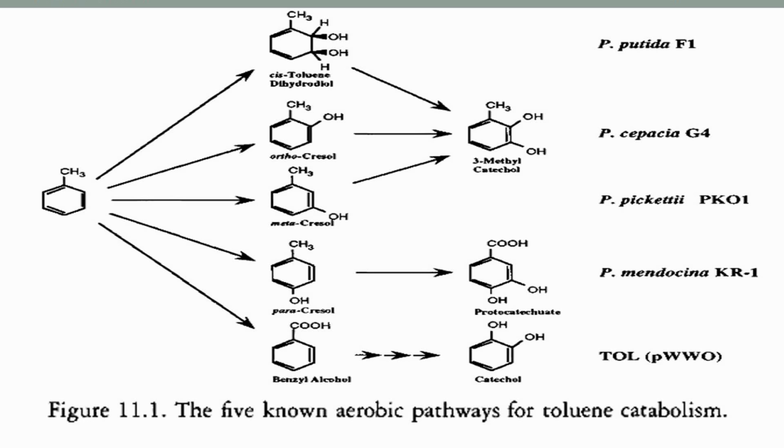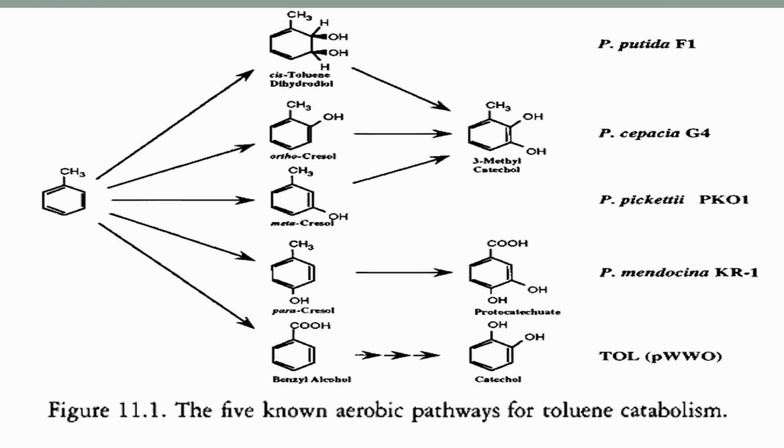The first pathway goes from toluene to cis-toluene dihydrodiol, and from there it is degraded to methylcatechol. Another pathway goes from toluene to orthocresol to the same end product, methylcatechol. The third goes from toluene to metacresol to methylcatechol.